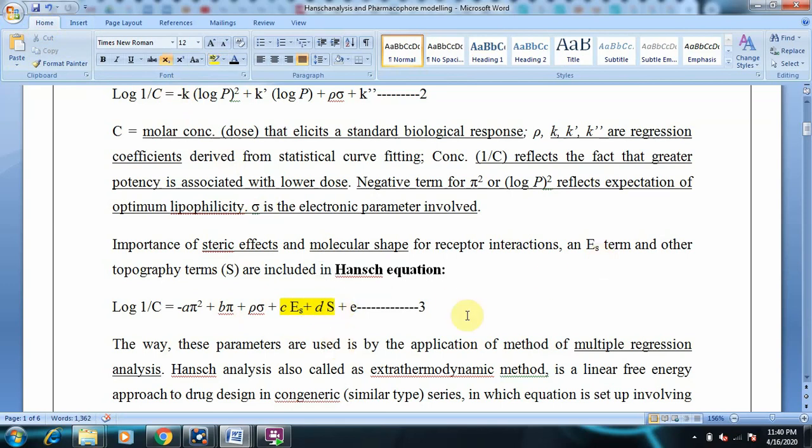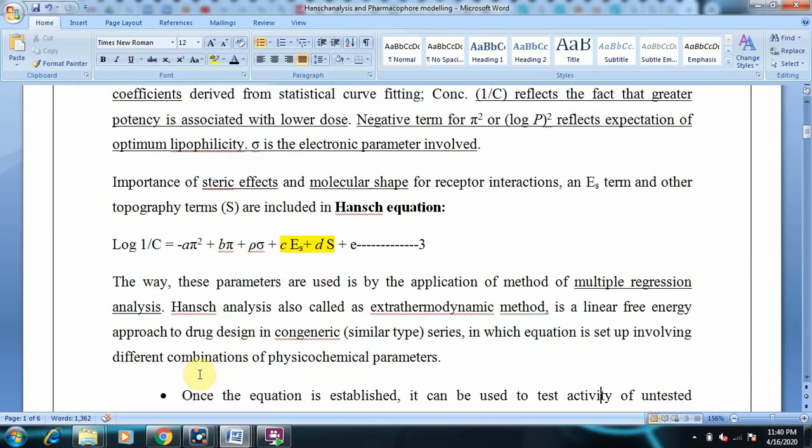So here we can incorporate a number of parameters or descriptors to explain multiple regression analysis. So Hansch analysis is a method of multiple regression analysis. The way these parameters are used is by the application of the method of multiple regression analysis.